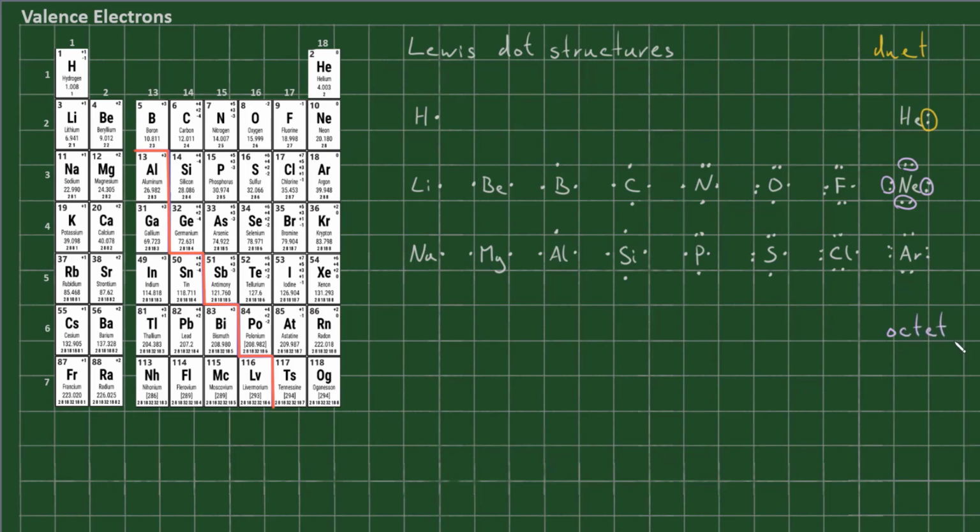As we move on, 2 other terms will be used to describe paired and unpaired electrons. So, for example, if I look at the nitrogen, this pair of electrons might be referred to as the lone pair, while these single electrons might be referred to as, well, single electrons or bonding electrons. More on that later on.